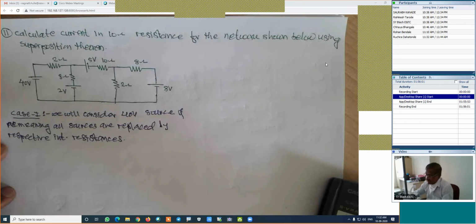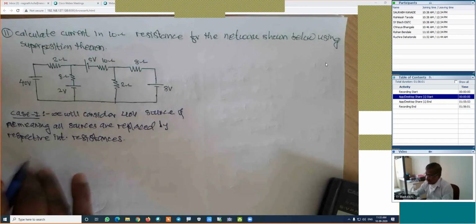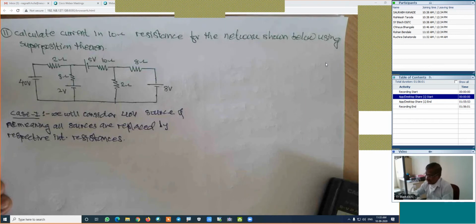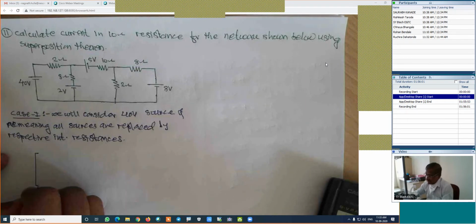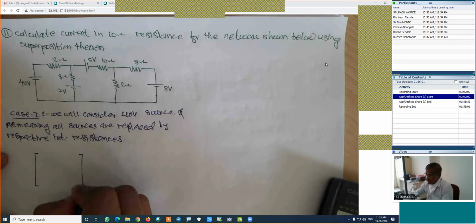यहां पे मैं और एक कंजूसी करूंगा. I will not try to draw the figure as it is here. I will keep the figure in my mind and I will draw the matrix directly. Are you getting me? Here I am preparing this matrix directly.